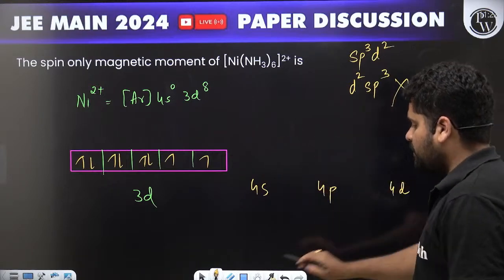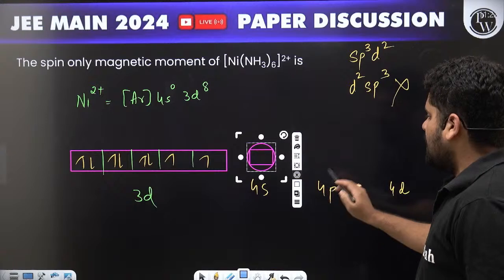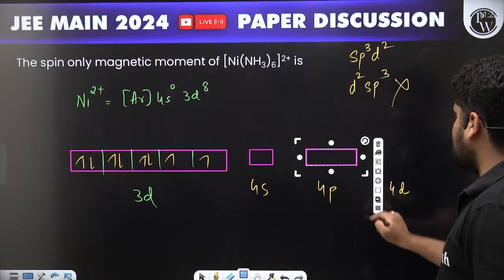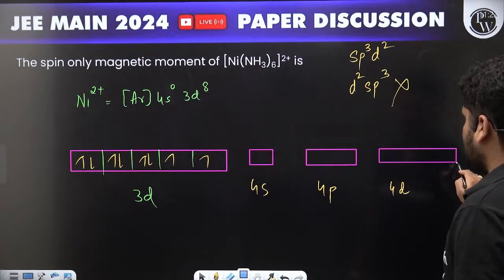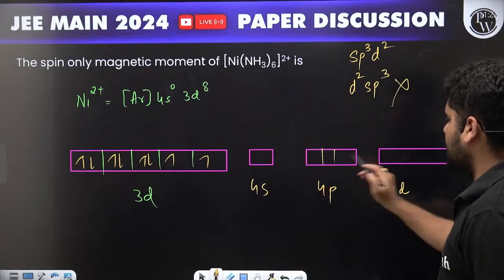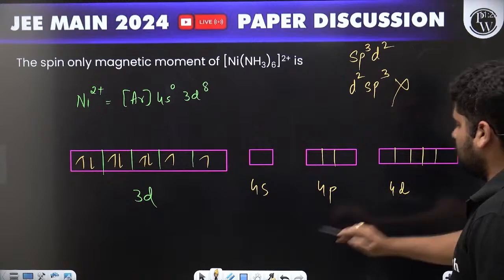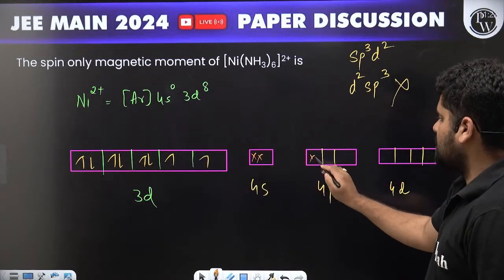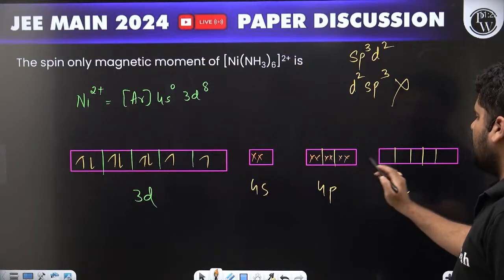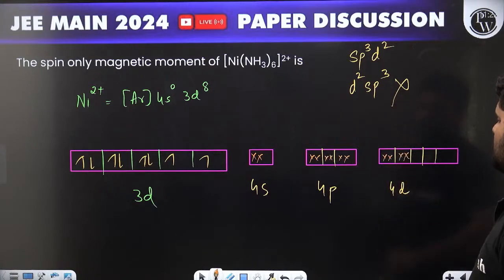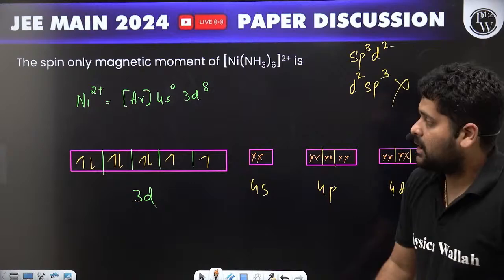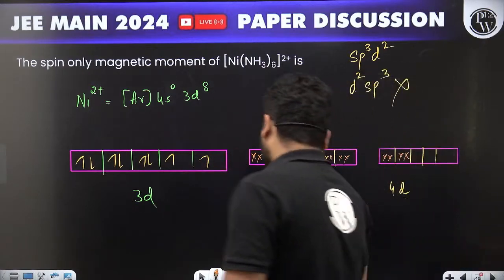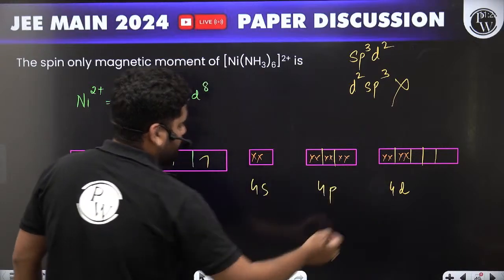So 4s, 4p and 4d, this would be there, but you will not have any d2sp3 kind of hybridization like this, right? So now you will be having hybridization like this: sp3 and d2. Hybridization is sp3d2. Now do you find any unpaired electrons? Yes, 2.